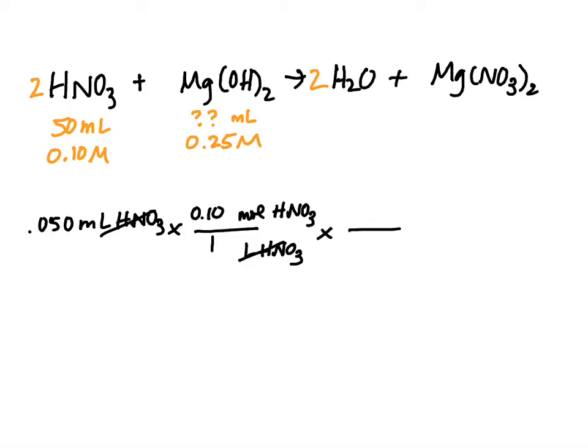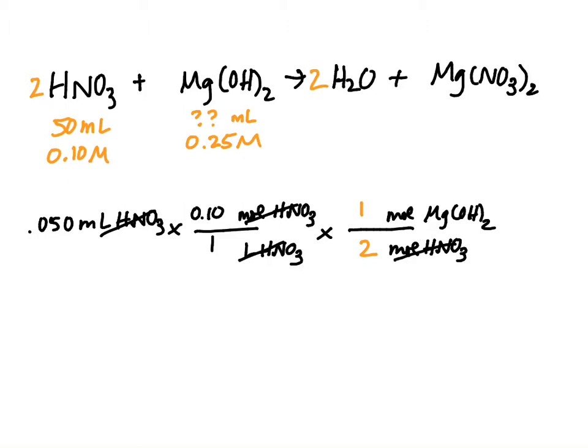Okay, now I'm going to convert to magnesium hydroxide because the question's asking about magnesium hydroxide. So I'm going to change moles of nitric acid to moles of magnesium hydroxide. And this is where I need the coefficients. So this time it's a 1 and a 2. And that will get my moles of nitric acid to cancel.